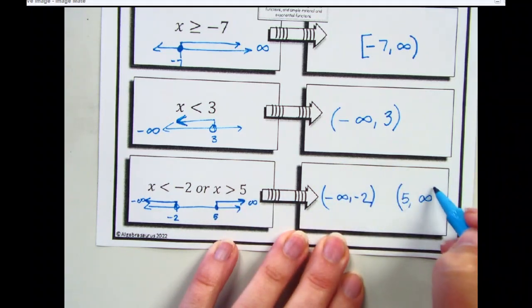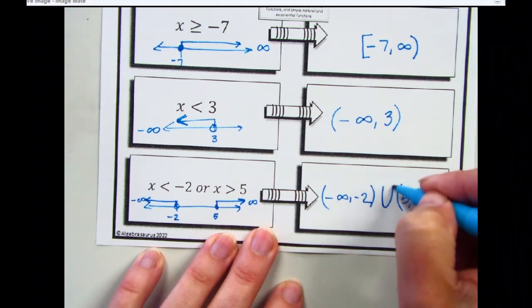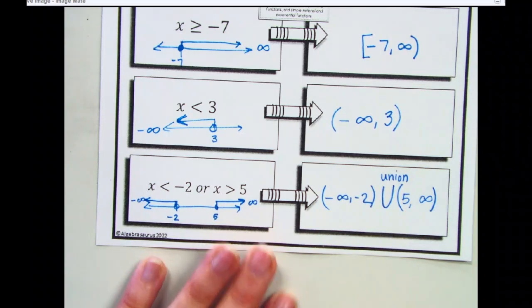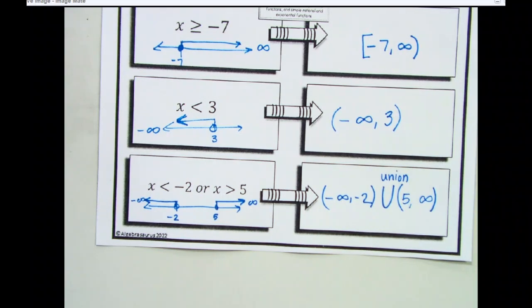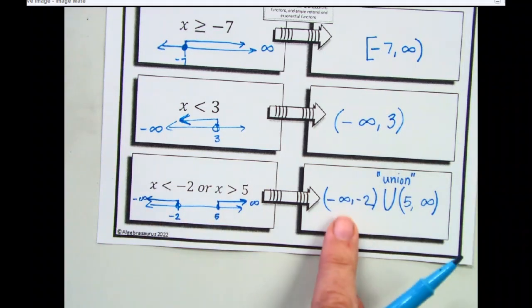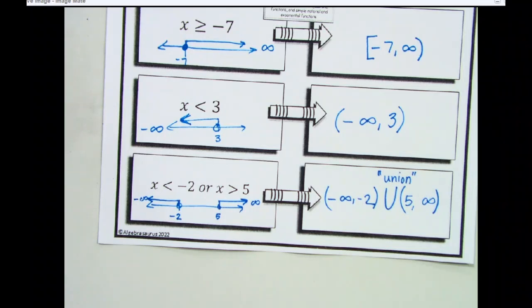When I have two pieces, this symbol means union. A union is when we put two things together, right? That's what that U means. It means this piece or this piece. They both work. How do you feel about that?